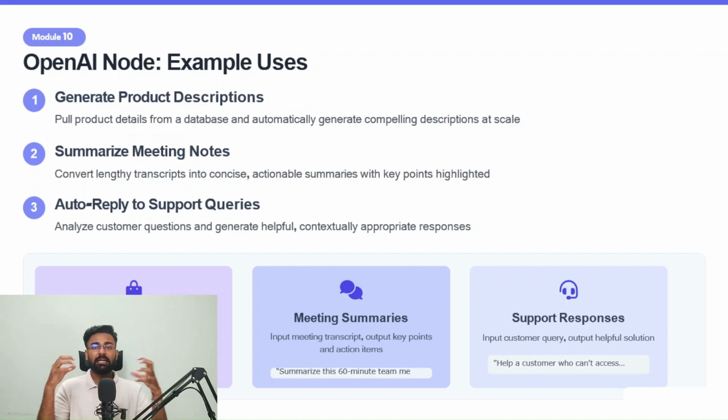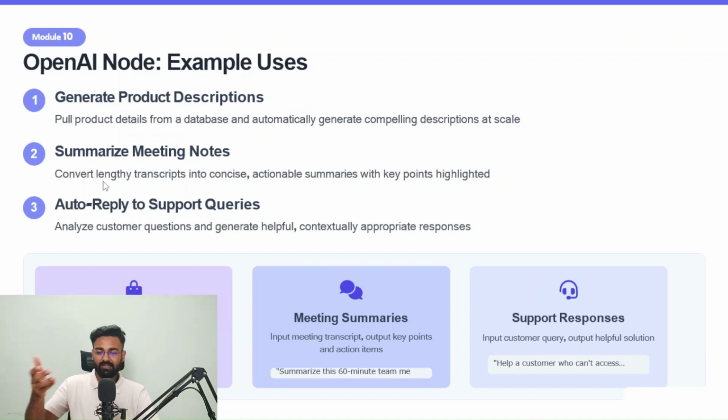So there are internal team meetings which are happening, and there's one person whose job role is simply to write the minutes of the meeting and send it to everyone. That can be done using OpenAI, and you can create this workflow and sell it to business owners and founders as well. Whatever your meetings are going to be, you can transcribe that entire recording using the OpenAI node, then summarize that entire recording using the same node, then send that to everyone who was in the meeting via Gmail.